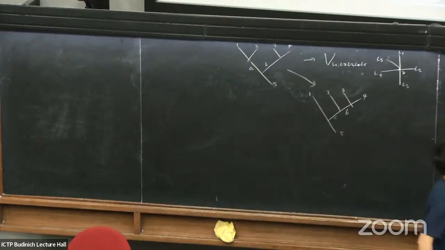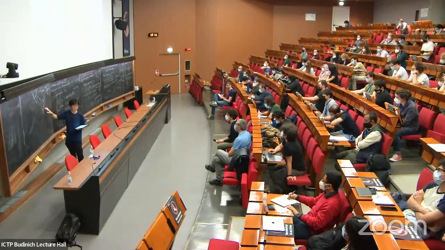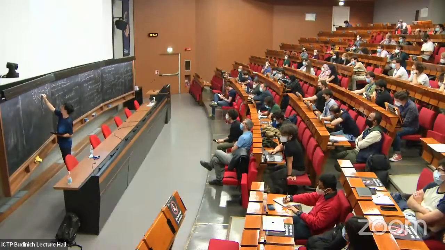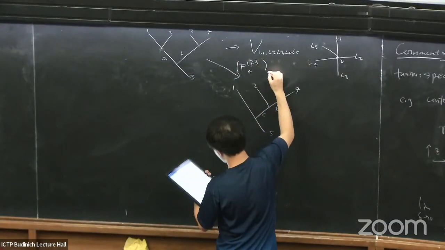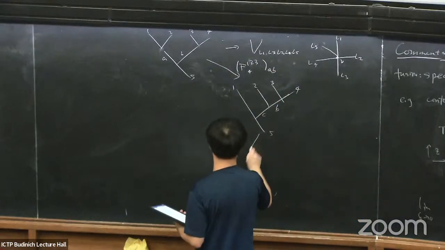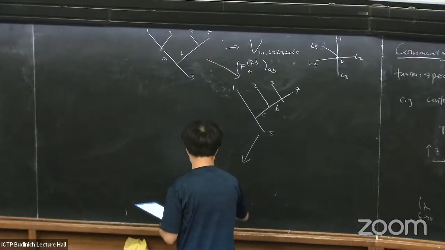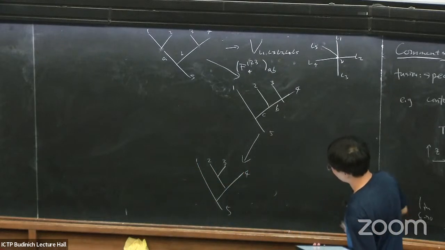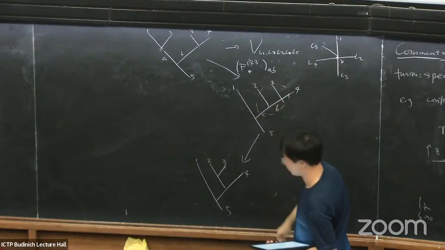We can perform this change of basis, given by this F move, from this basis to this basis, by using this F matrix. And we can do it multiple times. Now do the F move focusing on this part, and you get to this picture.